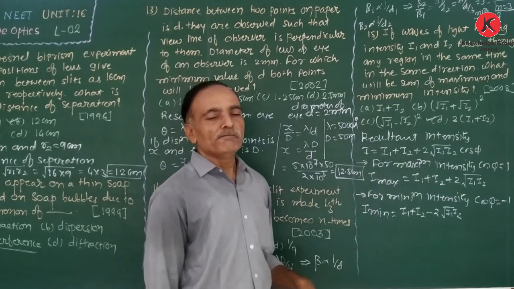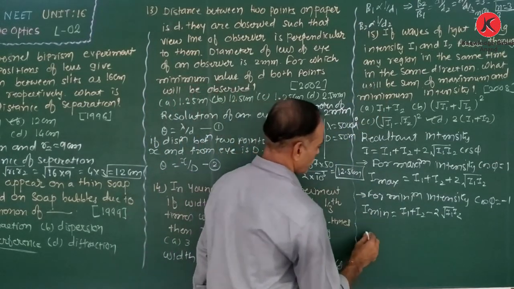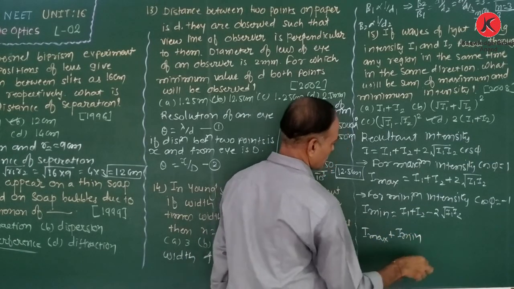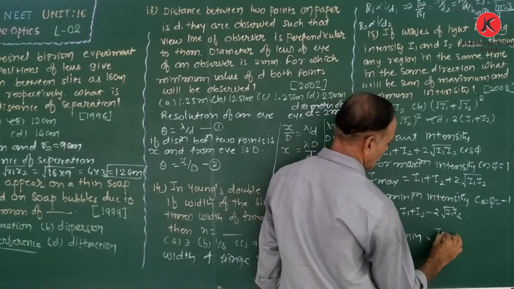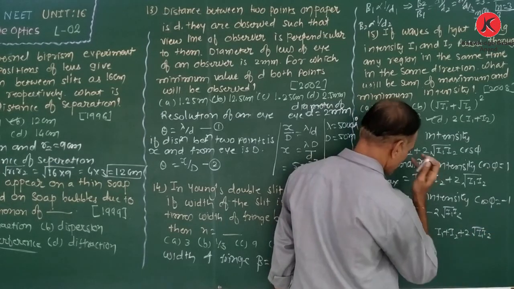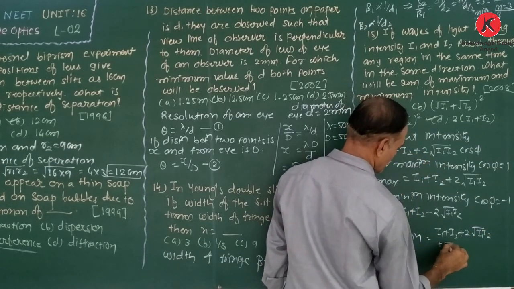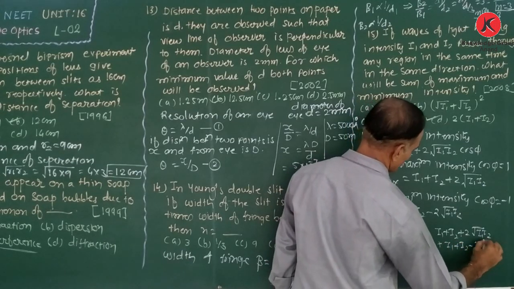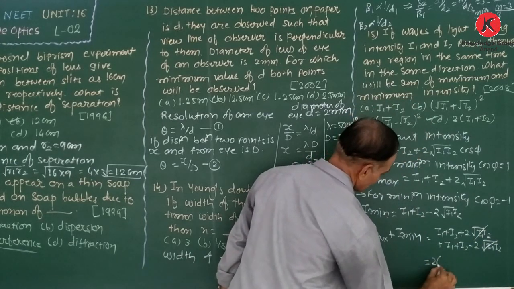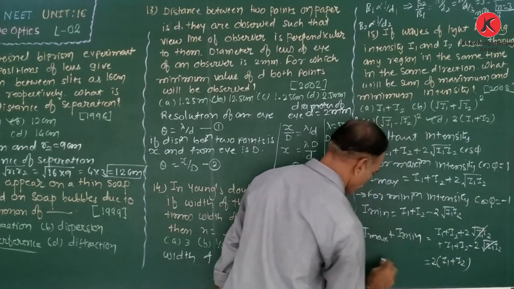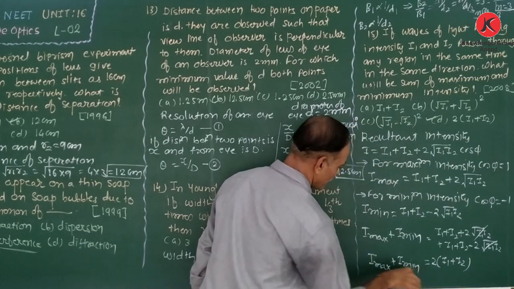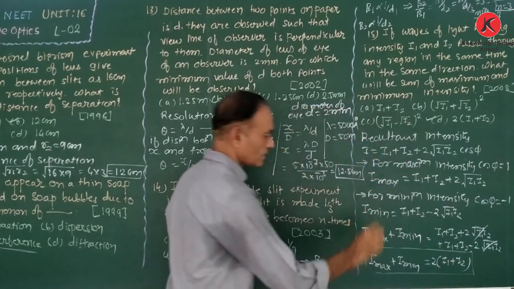We require the sum of minimum and maximum intensity. Therefore, I maximum plus I minimum is equal to the addition of these two: I1 plus I2 plus 2 under root of I1 I2 plus I1 plus I2 minus 2 under root of I1 I2, that cancels. Therefore, twice I1 plus I2 is the addition of I maximum plus I minimum. That is the answer.